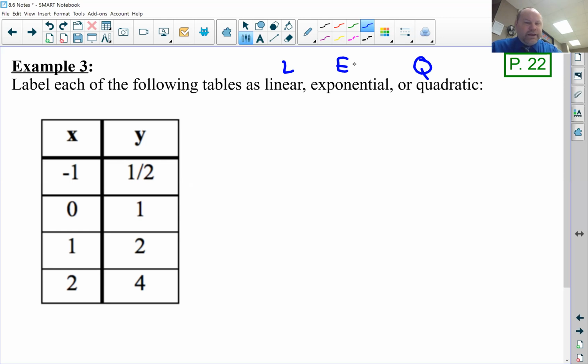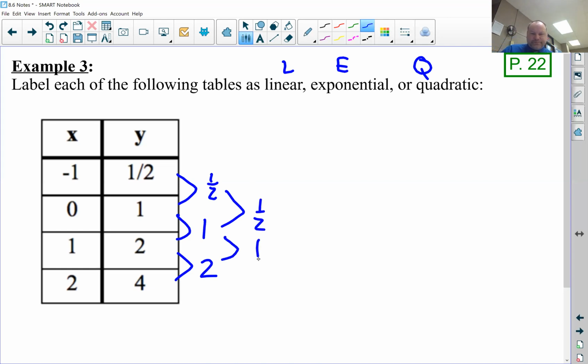If we look at first difference, 1 minus a half is a half. 2 minus 1 is 1. 4 minus 2 is 2. If I look at the second difference, 1 minus a half is a half. 2 minus 1 is 1. So the second difference is not the same, so it's not quadratic.